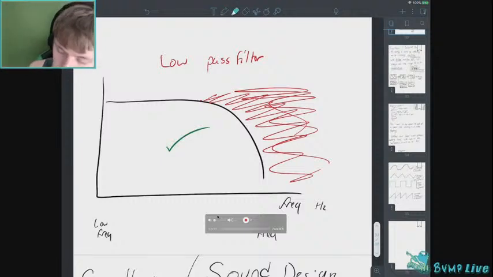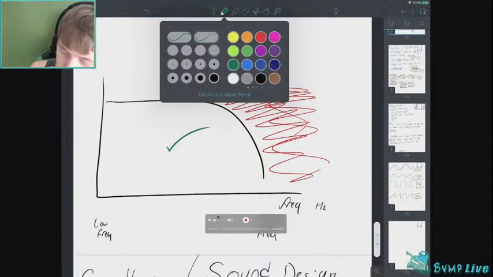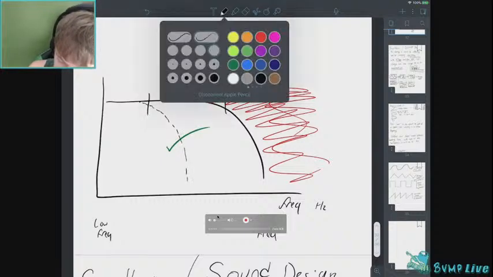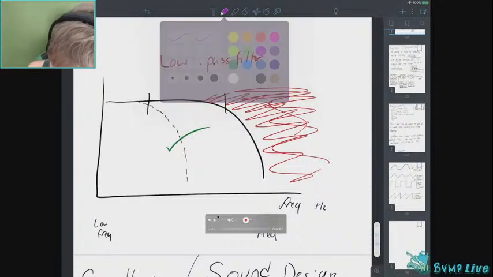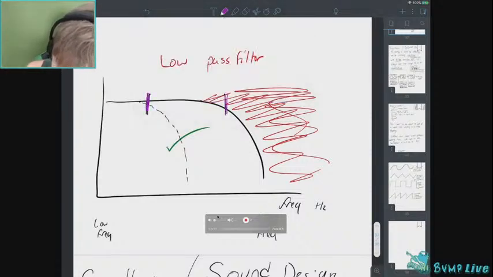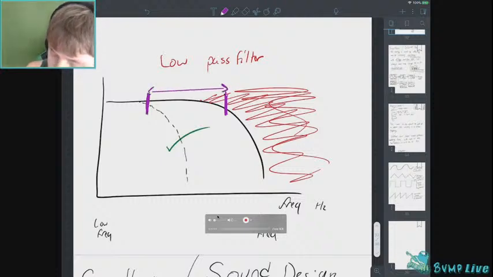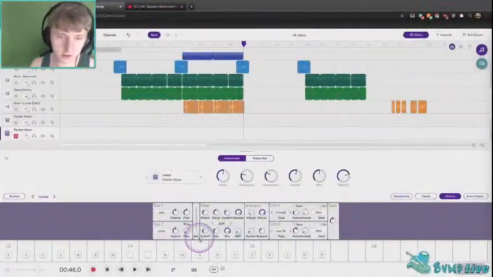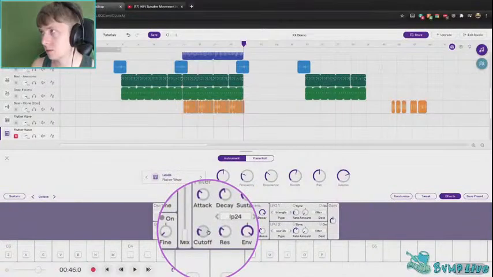But it depends on where this curve starts to slope down. Depends on the cutoff. So it can be here or here, and I'll draw this in purple. So this cutoff can move. And the position of that cutoff is controlled by this knob right here, the cutoff knob.